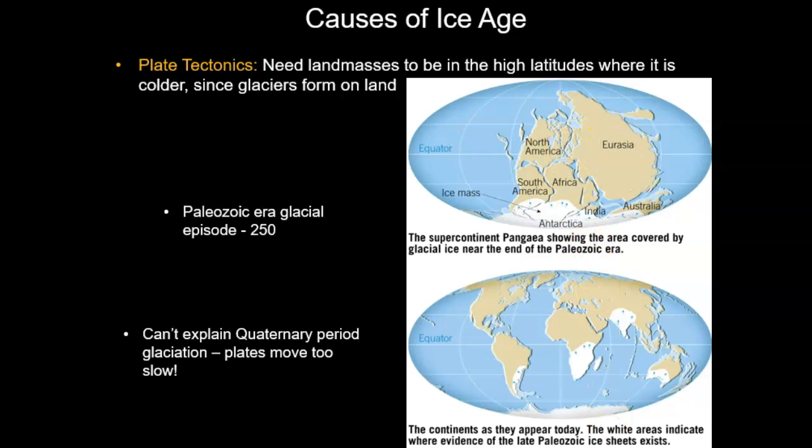And so they experienced the glaciation period that the northern land masses didn't at the time. However, because plate movement is so slow, only a few centimeters a year, this hypothesis is not good at explaining why we saw the glacial and interglacial periods during the Quaternary period. So it's good for responding to the first question, but not the second.